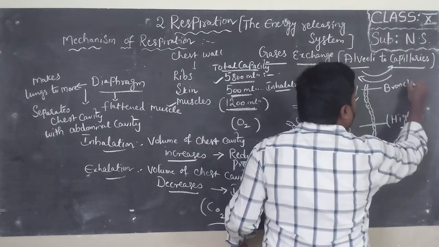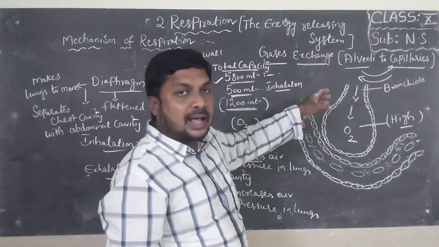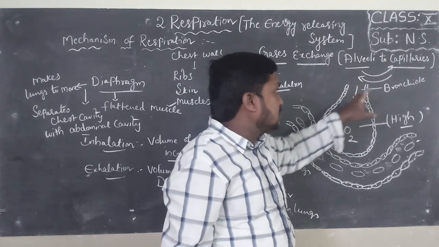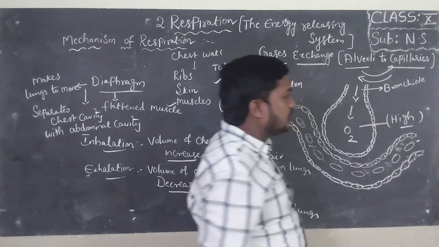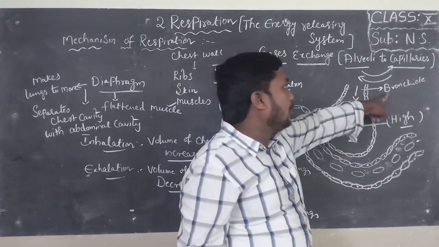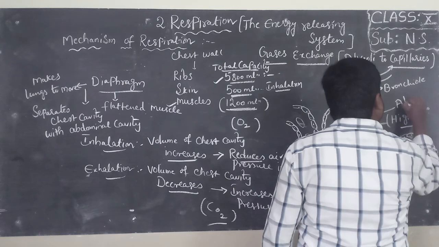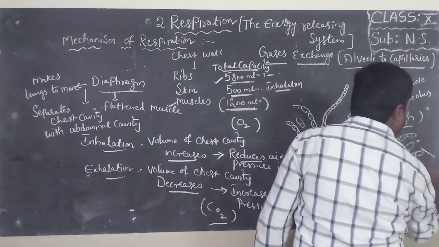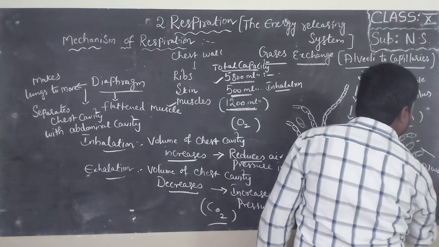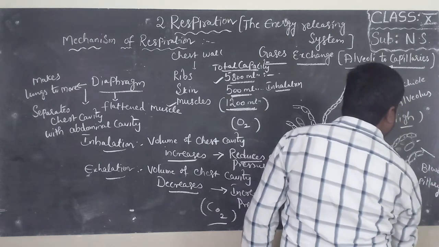Sometimes in the exam they will give you a diagram with arrow marks and ask you to fill them in. This is the bronchiole, this is the alveolus, and this is the blood capillary.